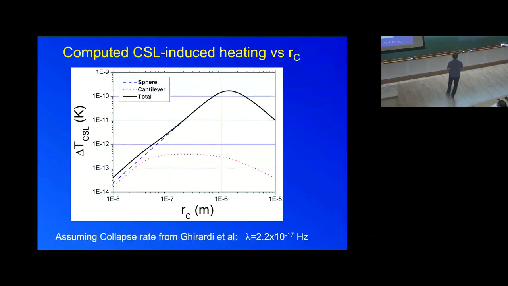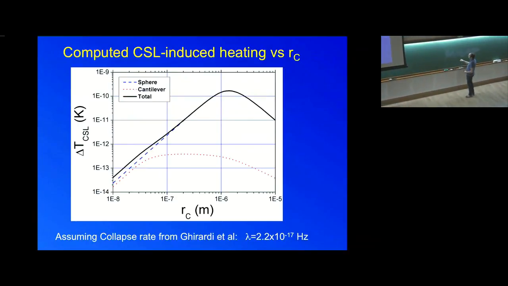So I can write that delta T is just equal to some function of RC times lambda, where this function is exactly this one, the shape which was calculated by Angelo and his student. It's a postdoc actually.